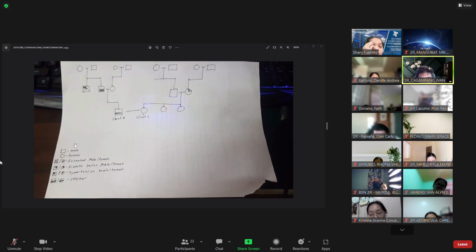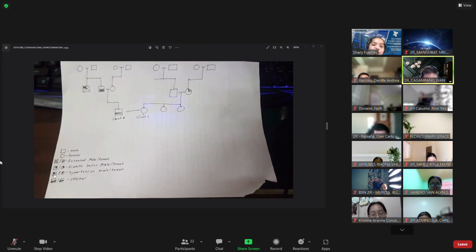Ay, sa gilid, ma'am. Kaning box, ma'am, kay means male. Ang circle, meaning kay female. Then, ang box na naay X or circle na naay X kay means patay na siya, male or female. And then, if box siya na naay box sa upper right na naka-shade, kay diabetic goiter siya, male or female.